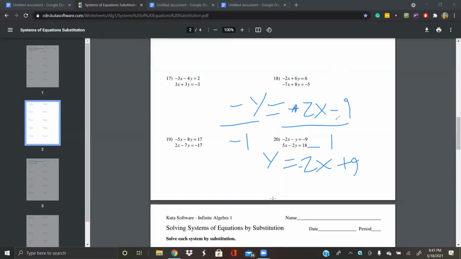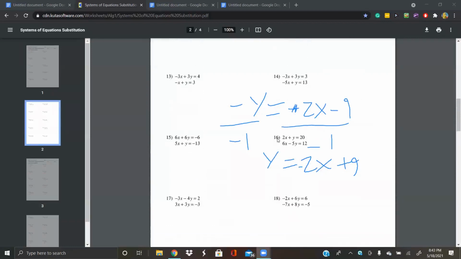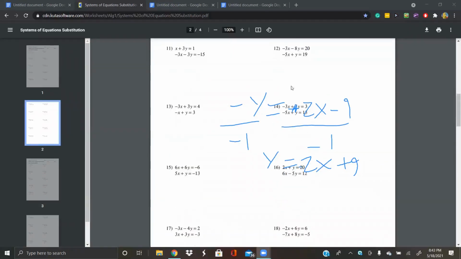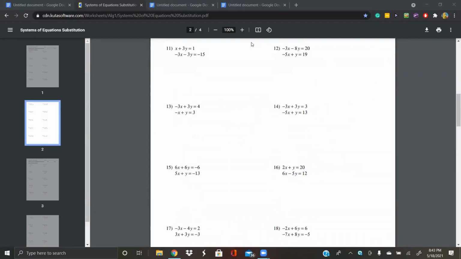So then we will combine the slope-intercept and the standard form. So that'll leave us with 5x minus 2, and then in parentheses -2x plus 9, equals 18.